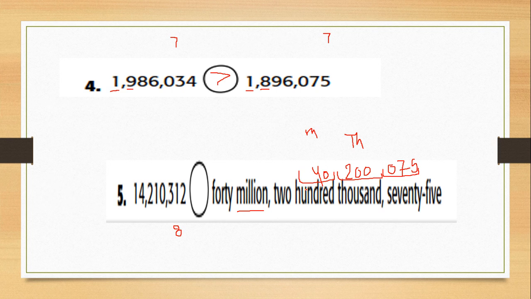Let's count the other side. 1, 2, 3, 4, 5, 6, 7, 8. It's also 8. So what are we going to do now? Let's compare. Let's start from the left. Here we have 1, but on the other side 4, which is greater. Of course, 4. That's a great job. Super.